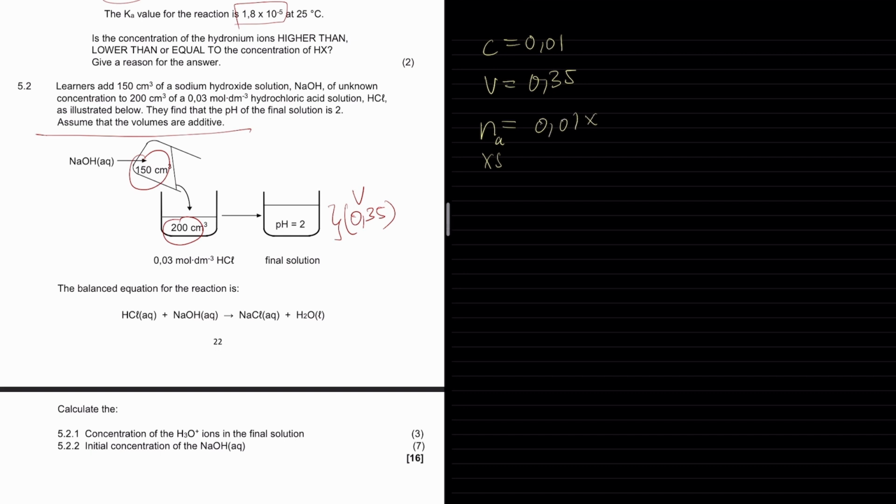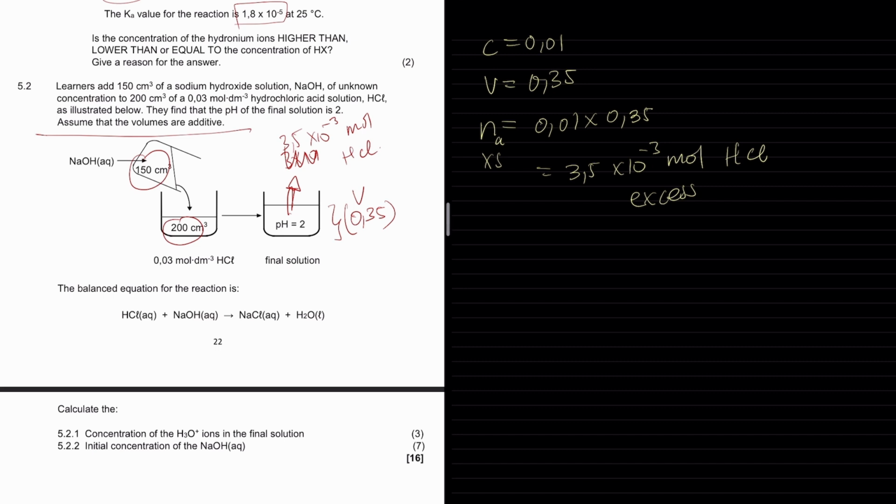That is 0.01 times 0.35, and that is equal to 3.5 times 10 to the minus 3 moles of HCl in excess.